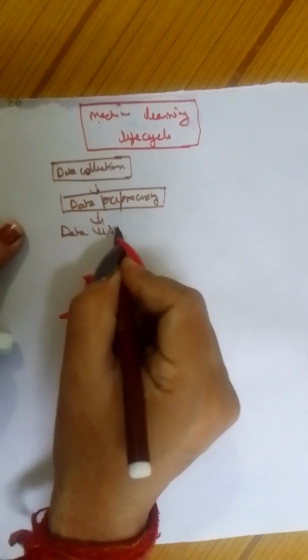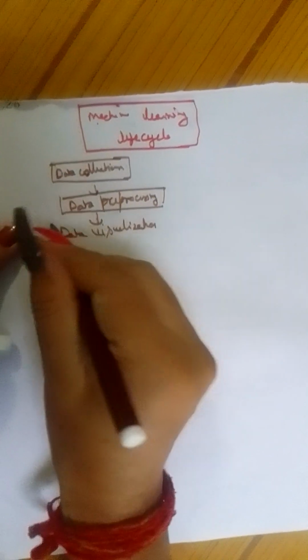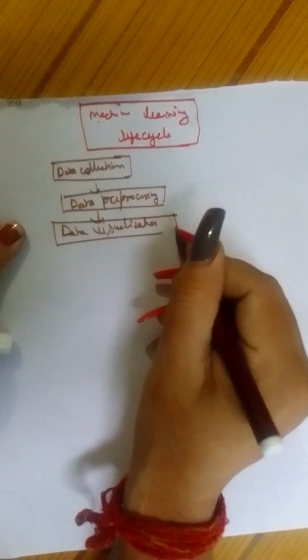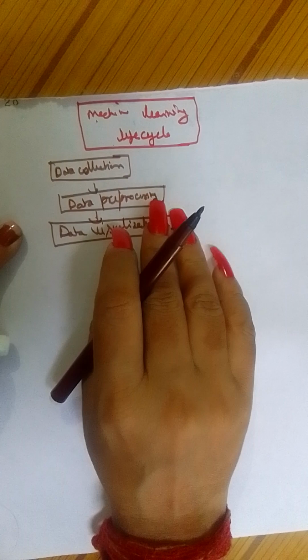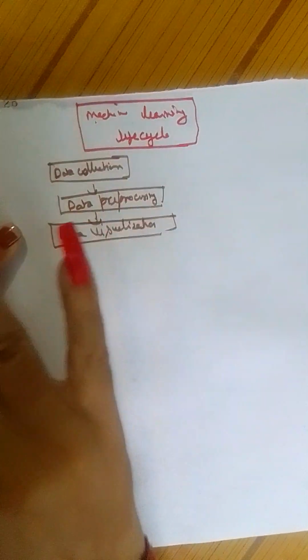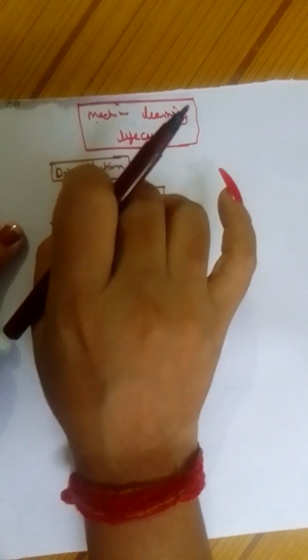Now you would have known why I am telling you this. Under data pre-processing many parts come, and I have already told you what these parts are in my previous video. So please check these videos before jumping to this video.